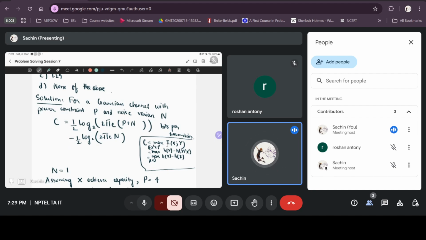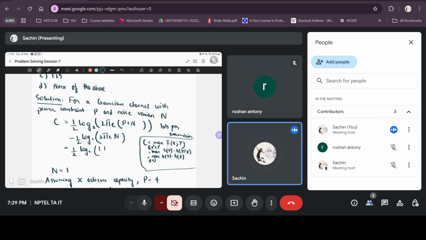So the capacity becomes half log of 2 pi e into P plus N minus half log of 2 pi e N. And then you can take the half common, you get log of a minus log of b, which is nothing but log of a by b. So it's log of 2 pi e into P plus N divided by 2 pi e into N. So the 2 pi e's cancel each other.